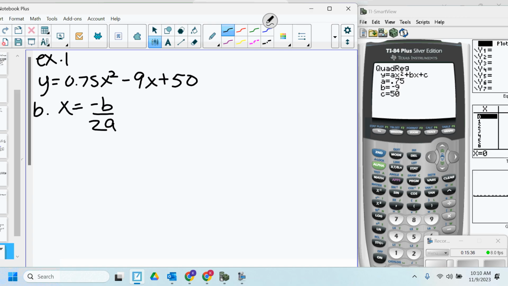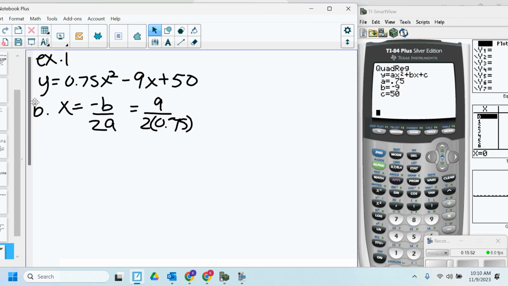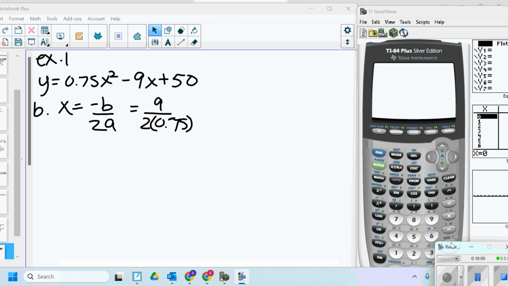So let's find that x value using our equation. We know minus b would end up being positive 9 over 2 times 0.75. If you're thinking about using your calculator to do this, you're going to do 9 divided by, and then your whole denominator, what you're dividing everything by, has to be in parentheses.